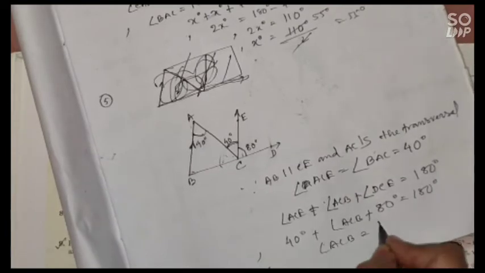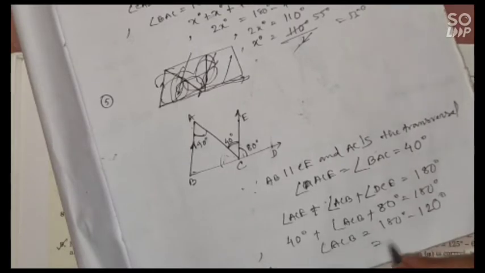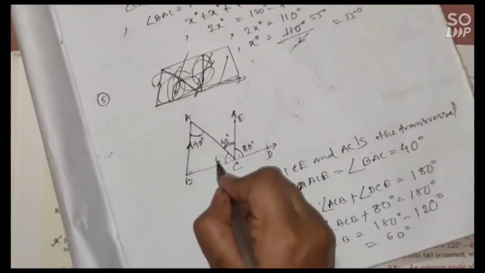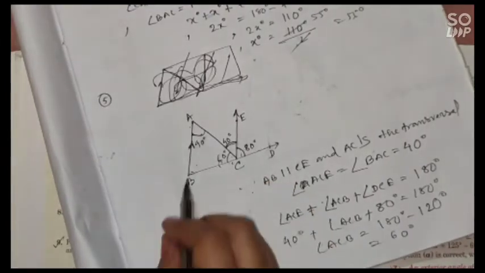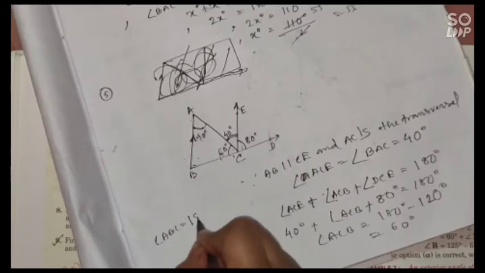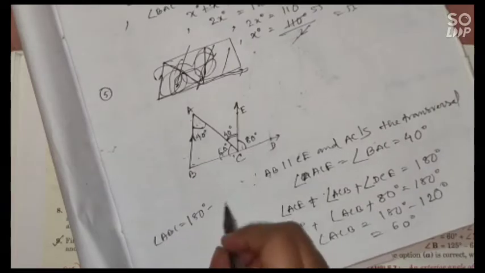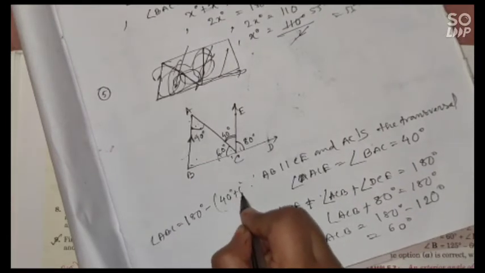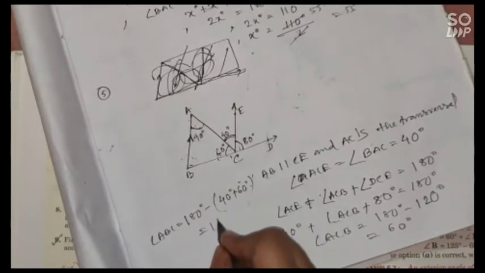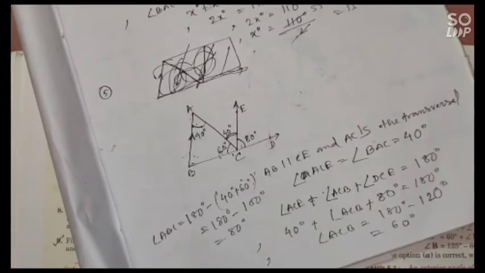ACB equal to 180 minus (40 plus 80), 120. So this is 60 degrees. So how can you get this value? The value of this angle, angle ABC: if you subtract the sum of these two angles from 180 degrees, you can get this angle. So 180 minus 100 degrees, that is equal to 80 degrees. Okay. So this is how you can find the angles.